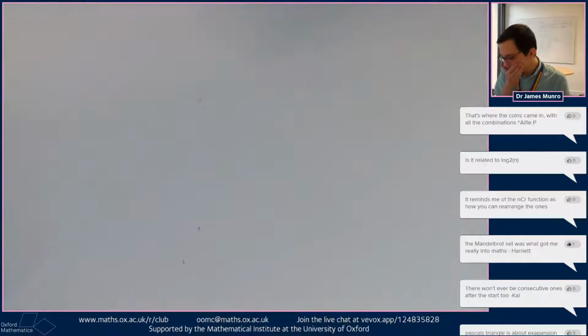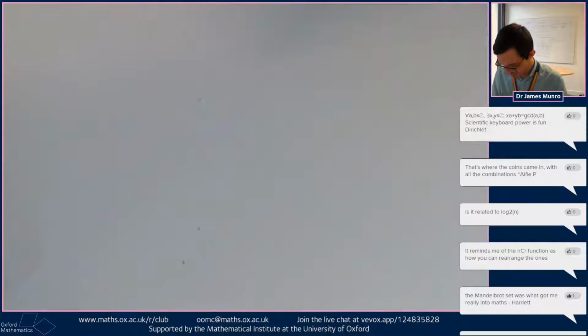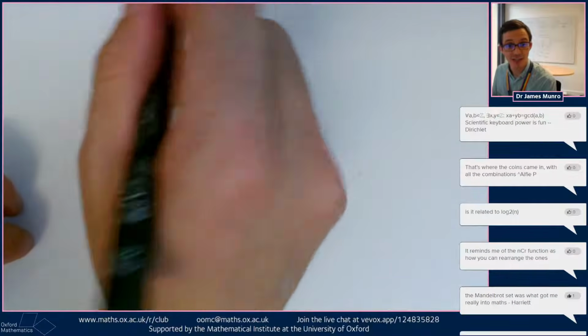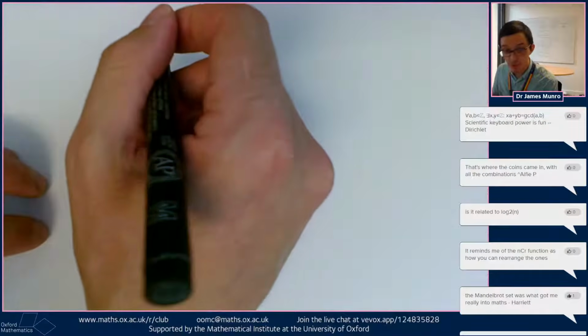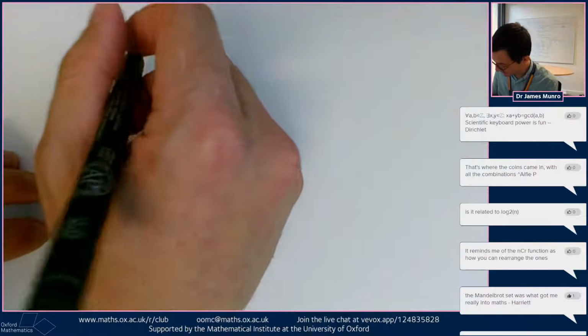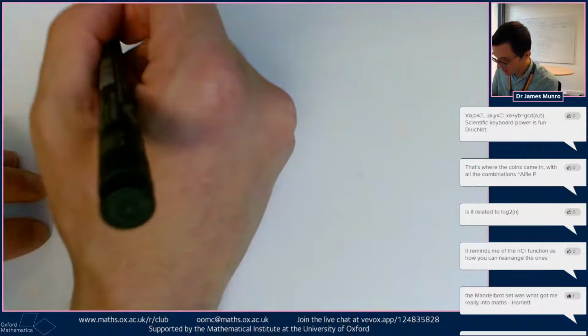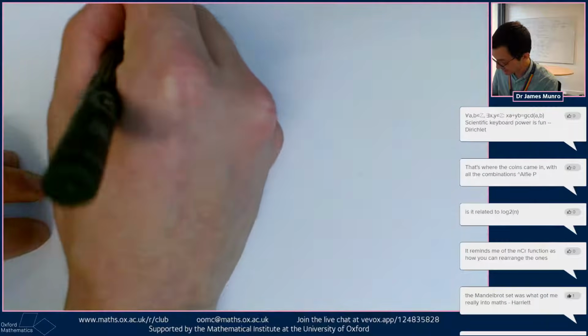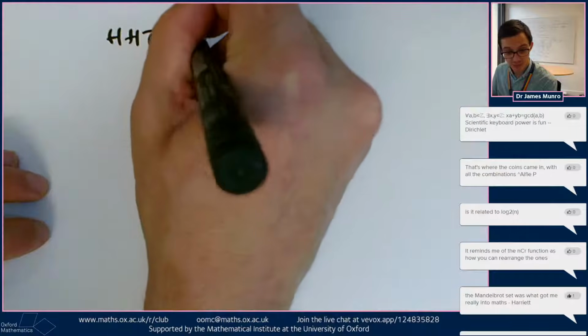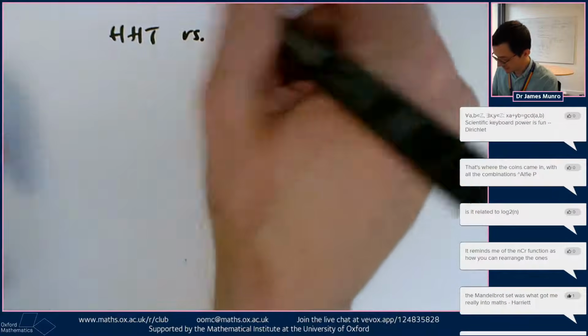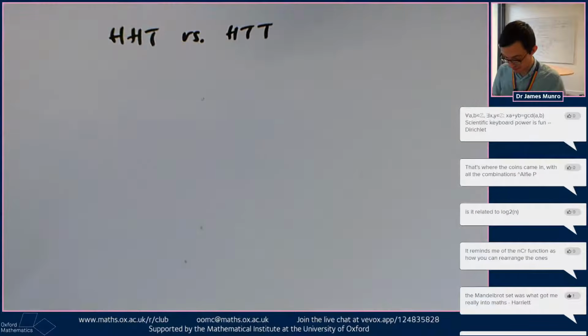Right, good. Okay. Next thing. I bumped into Jack, and Jack told me about the problem that we talked about last week, flipping coins, where we looked at sequences and asked which one comes up first out of different sequences of 3 coin flips.